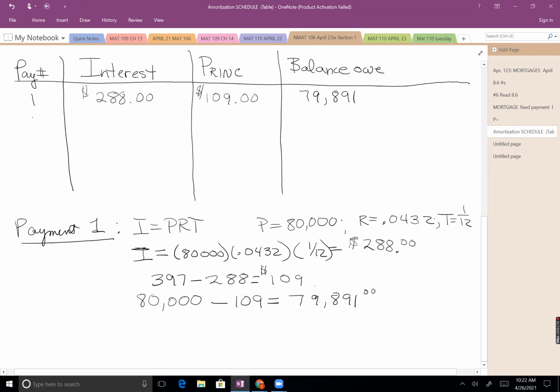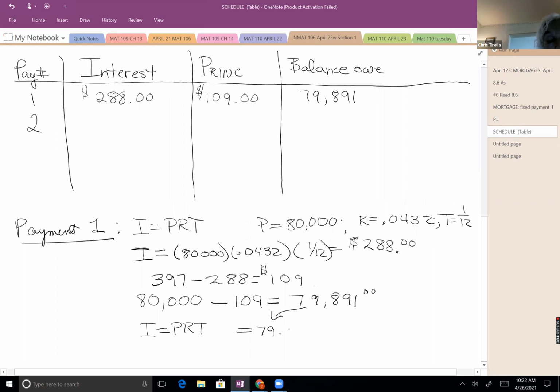So for our second payment, when we use that I equals PRT, this time that $79,891 is my principal, because that's all I owe. My rate is still 0.0432, and my time is still a month, 1/12 of a year.